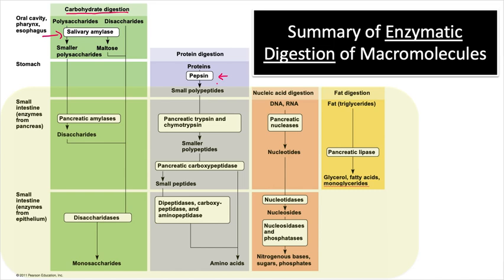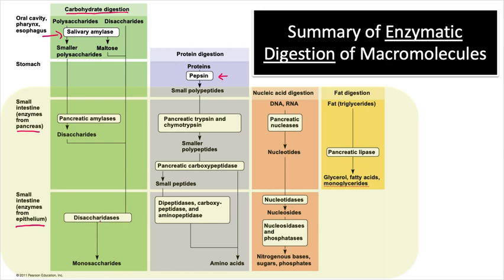When the food now enters our small intestine, we have enzymes being secreted from the pancreas and from the epithelial cells of the small intestine. The pancreatic amylases will further break down our polysaccharides into disaccharides, and then disaccharides will be broken down into monosaccharides.